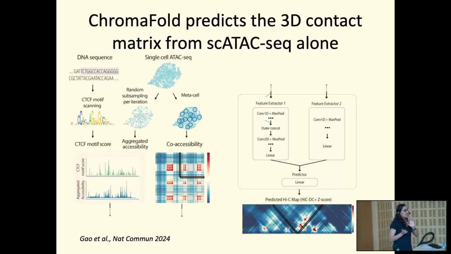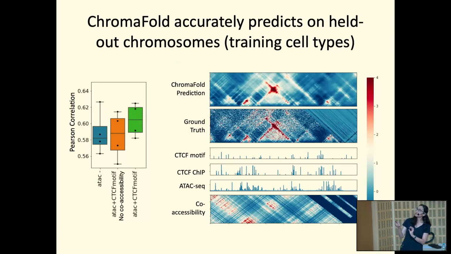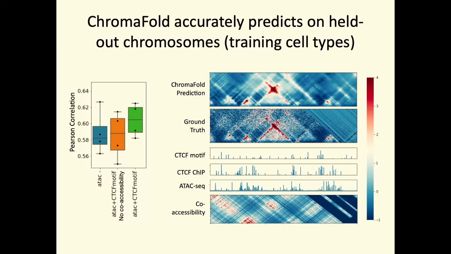So the first thing is a sanity check. Can we make predictions in held out chromosomes of the contact map? Okay, and that's what this looks like. So this is just a sanity check, right? A held out chromosome is not a real task. We want to be able to predict in new cell types. But here's the ground truth.